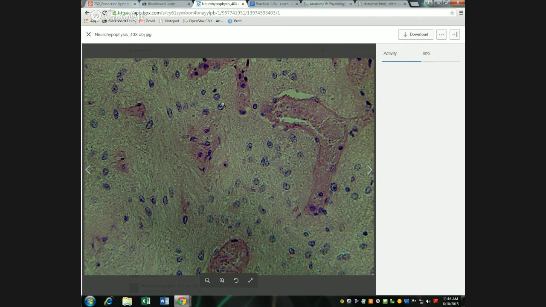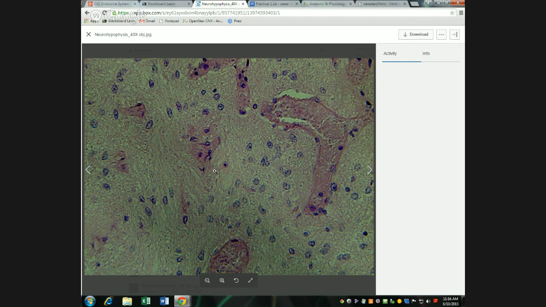Now, the fact that we're in the neurohypophysis, this tells us that we're looking at nervous tissue. Now, neurons have a lot of cytoplasm, and it usually stays quite dark, which we don't see here. So we're not looking at neuron-rich nervous tissue here. The cells we're looking at here are most likely glial cells.